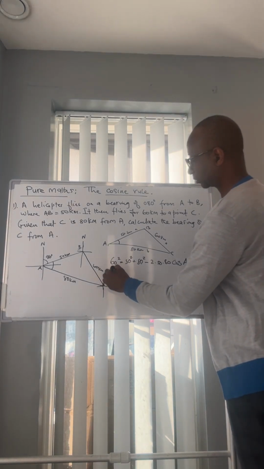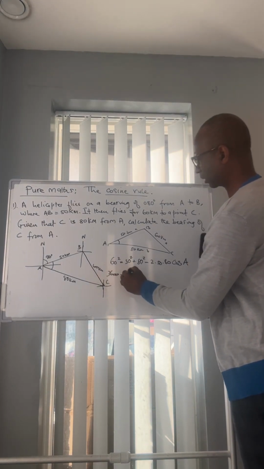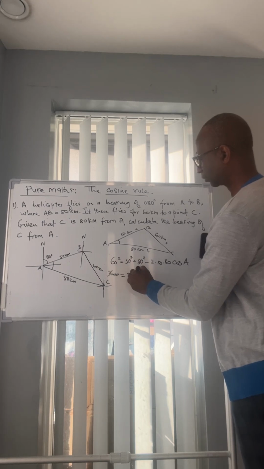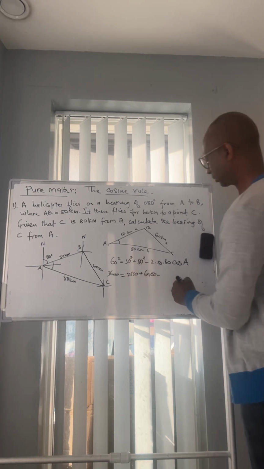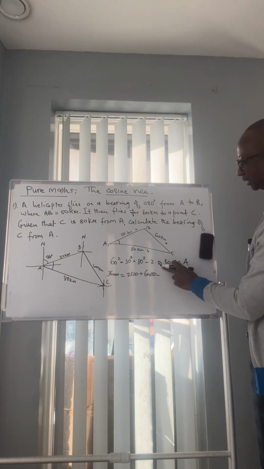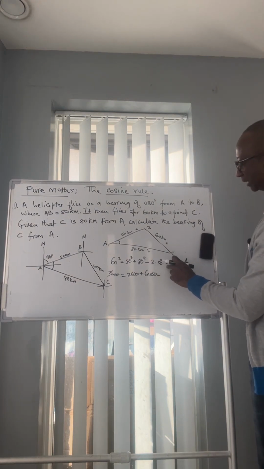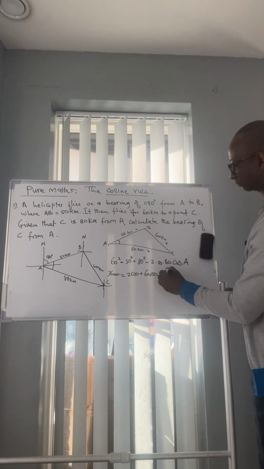This is 3600 equals 2500 plus 6400 minus 2 times 50, which is 100, and 100 times 80 is 8000.